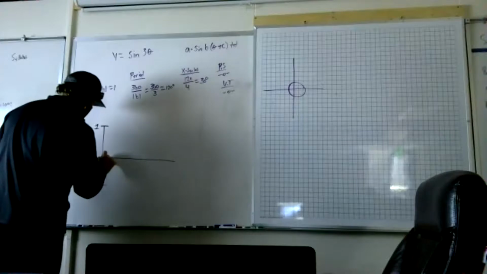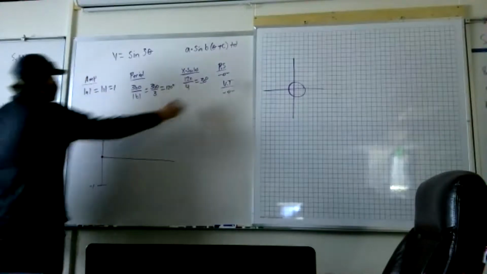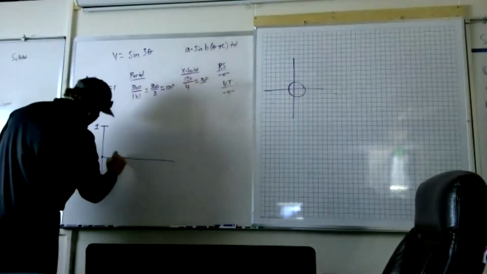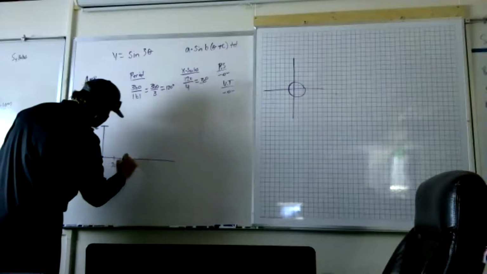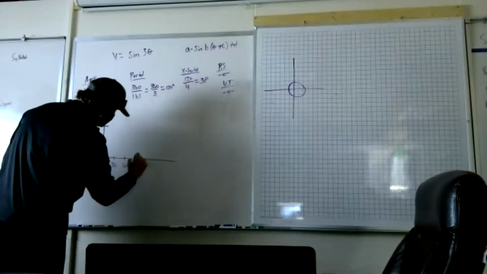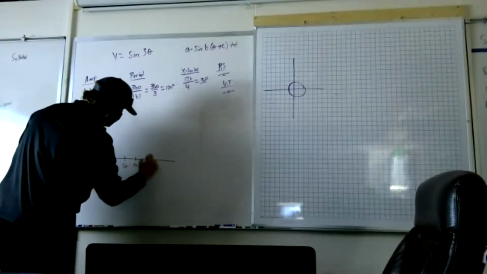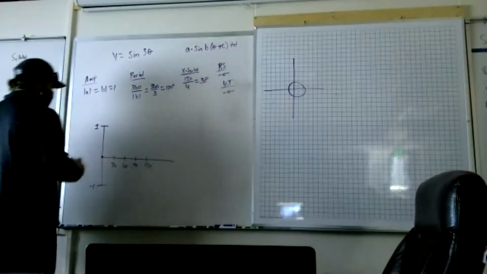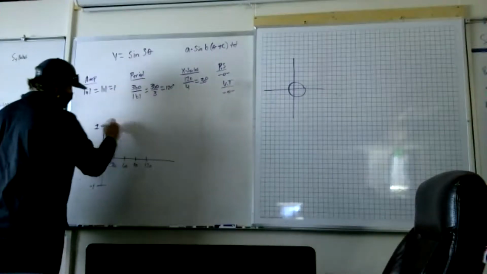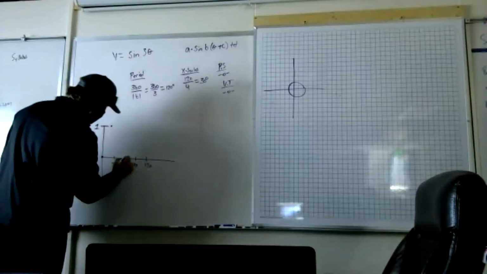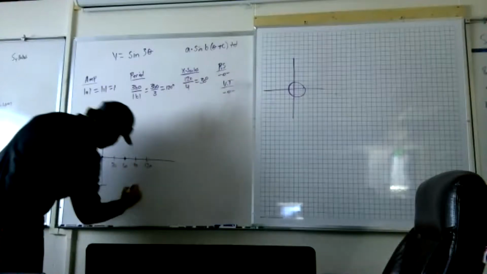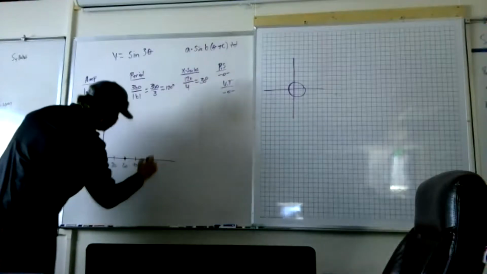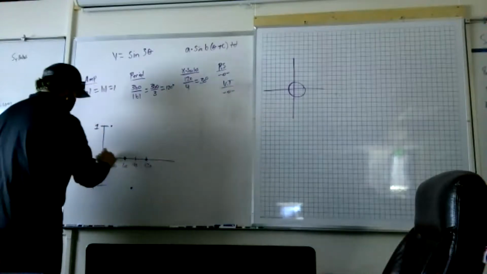We're starting at sine. My x scales say that I need a critical point every 30 degrees. So that's 30, 60, 90, 120, which is one whole period. Sine starts on its midline, which is the x-axis, goes to its maximum, back down to the midline, then to its minimum, and back up to the midline.